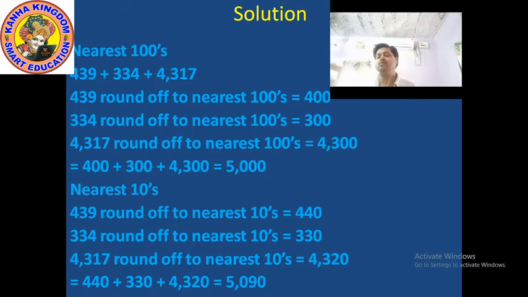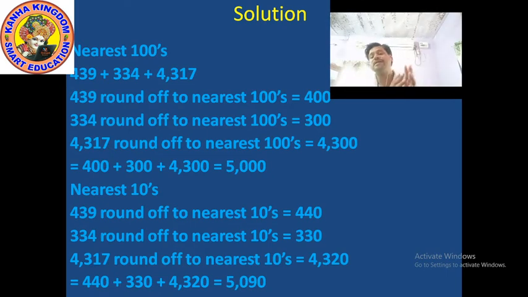Now see the number here: 439, and the digit in the tens place is 3. This digit is less than 5, so you convert the tens digit and ones digit into 0, and nothing changes in the 100 digit.